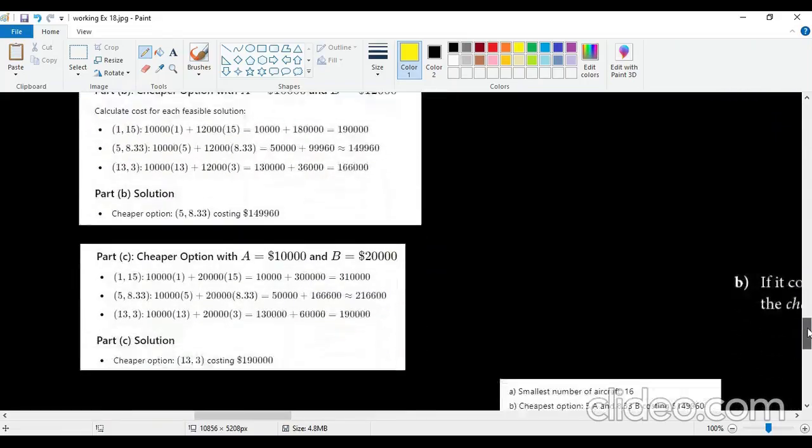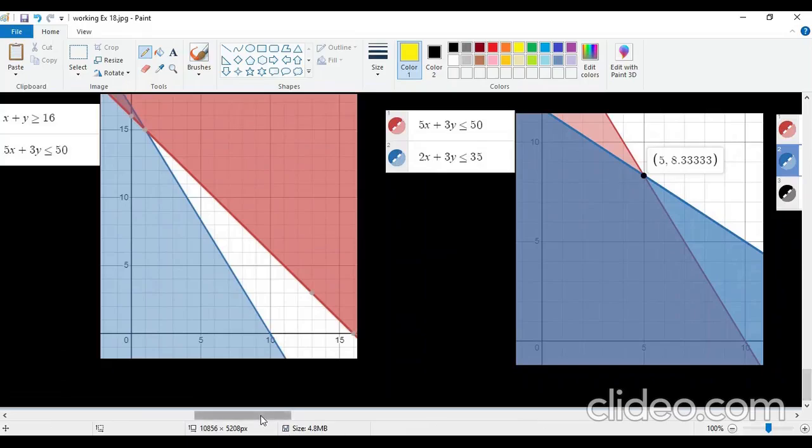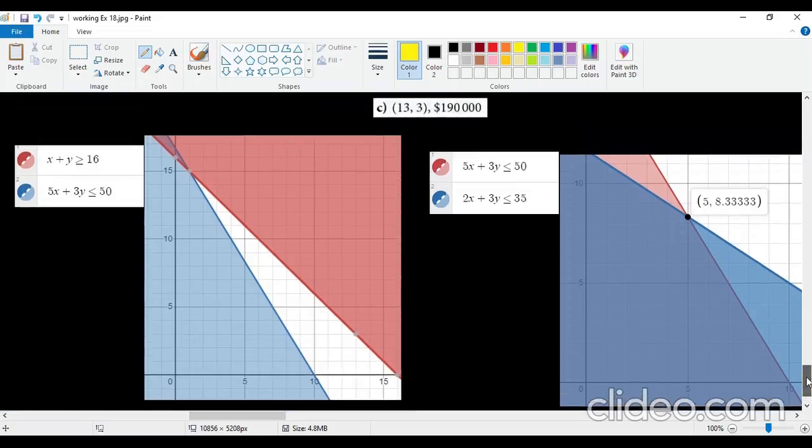And we can see over here, once we put these inequalities in Desmos, you're going to get something like this. So x is 1 from here, and y is 15 from here. That means type A should be one plane, and for the second one, 15 planes. So 1 plus 15 is going to give you 16.